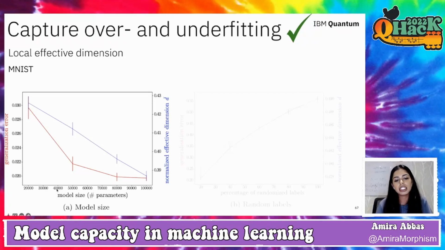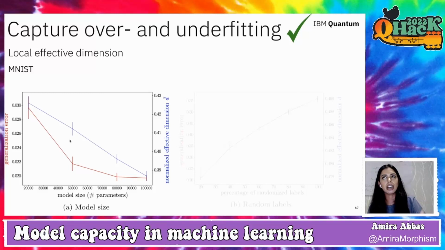As we move to the right, we're making the classical neural network larger and larger, and you train it on MNIST, so you would expect it to do better, right? The generalization error goes down. And then we calculate the local effective dimension, and it moves in a similar trend to the generalization error. So that's something we would expect.